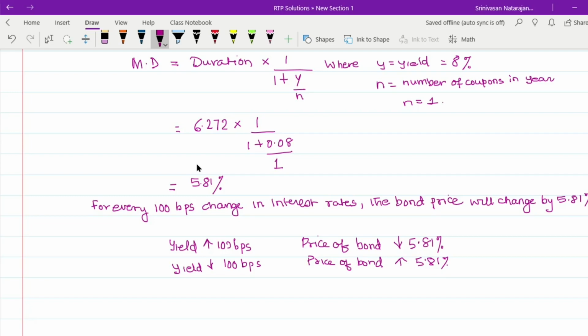So we have calculated all the requirements of part 1 of the question. We calculated the current market price, then we calculated the duration, and then finally we calculated the modified duration, which came as 5.81%. Now let us move to the second part of the question.